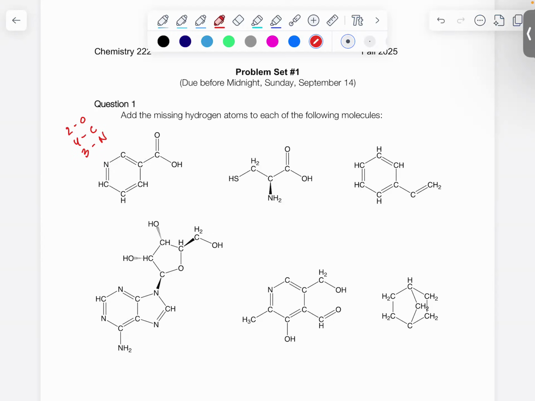And so we can go around each of these molecules and make sure that everyone is happy, and add in hydrogens for those atoms that need 1 more bond. With all of these, I'm looking for the carbons that only have 3 bonds instead of 4.